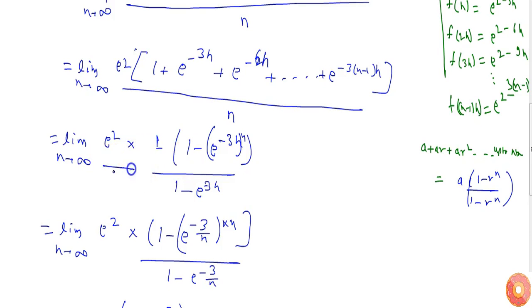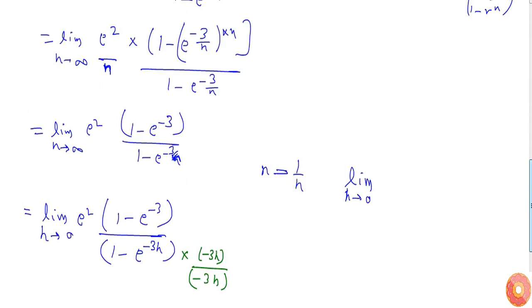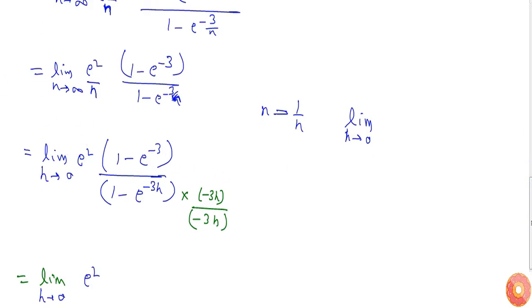I just forgot to write 1 by n here, so I'm just writing n here and here n, and since 1 by n is h, I can write h here.